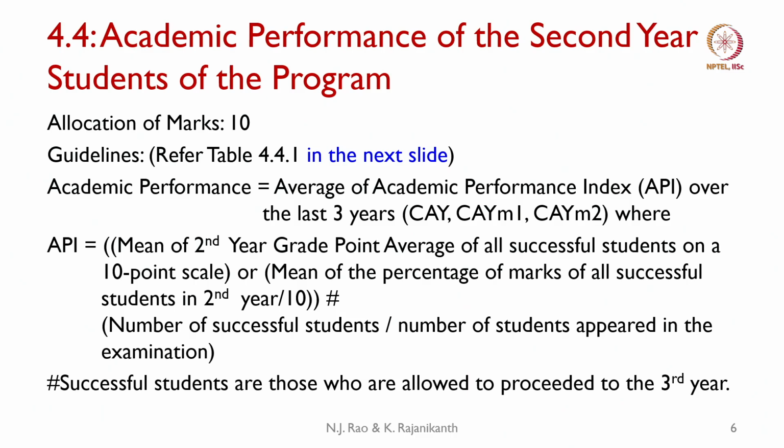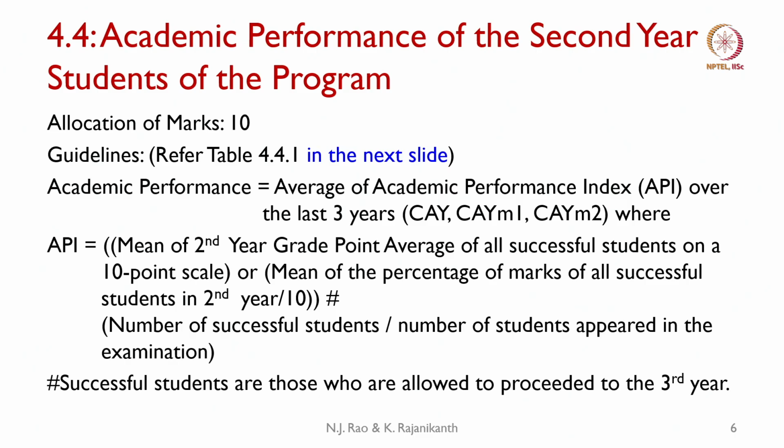The academic performance index of the second year students is the mean of second year students' grade point average or mean percentage divided by 10. Again, here the successful students are those who are allowed to proceed from second year to third year. Otherwise, the kind of data provided, the interpretation, and the calculations are all absolutely the same.